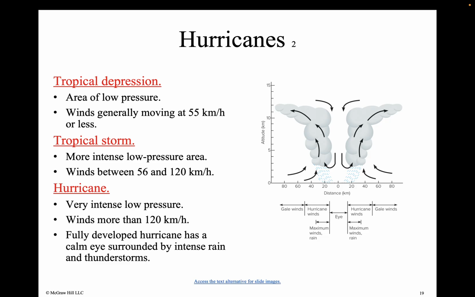Okay, so this is showing you the distance in kilometers, and here you have the altitude, also in kilometers, that this hurricane can reach. So it's essentially the size of the hurricane. Clouds can reach up to 12 kilometers of altitude and about 20 to 40 kilometers of distance in this updraft turbulence area.